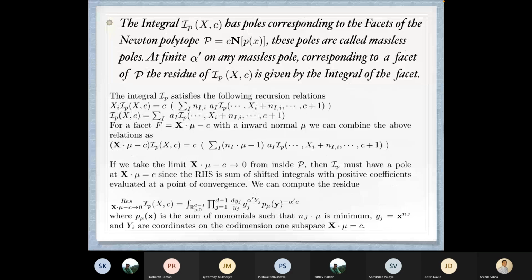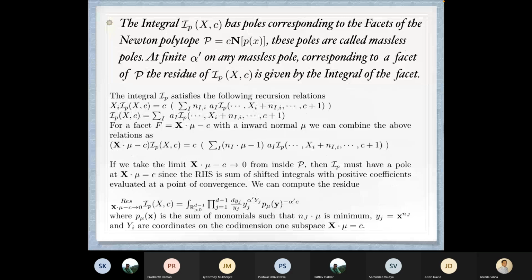And we can combine these two recursion relations as follows. I can dot the first relation with mu, and then subtract the second relation from it after I multiply with c. And I get this relation: x dot mu minus c times I_P is c times some positive combination of the shifted integrals. Now, what happens when I go to the facet?